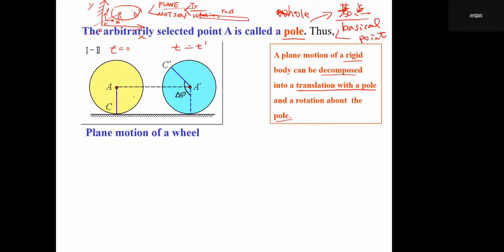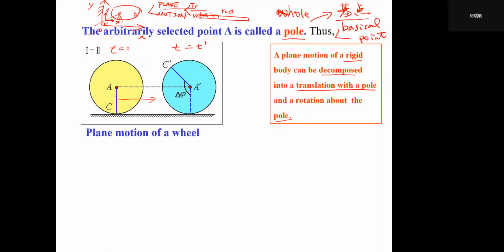So we can think about that. This plane motion can be decomposed into translation. First, we will just have translation movement. This AC will just go along this trajectory with translation part from this position to this position, you know?